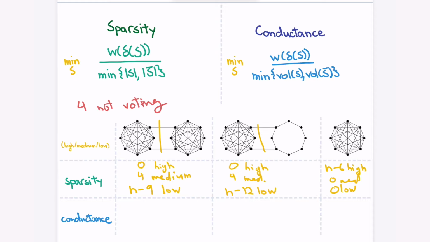Okay, now let's do conductance. Who thinks that first graph has very high conductance? Okay, 0 high. What about medium? Okay, 0 medium. How about low?